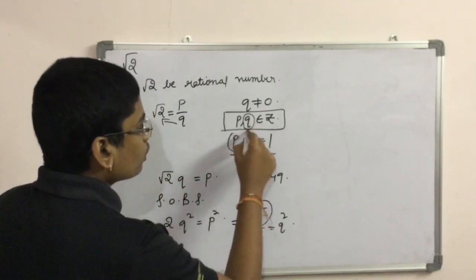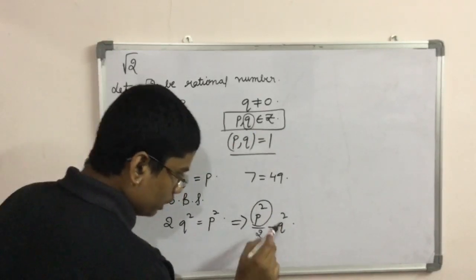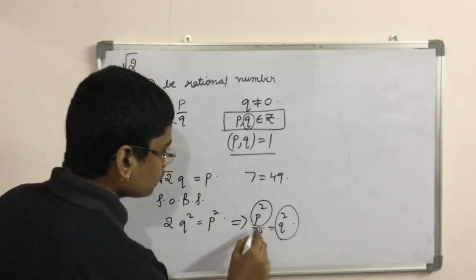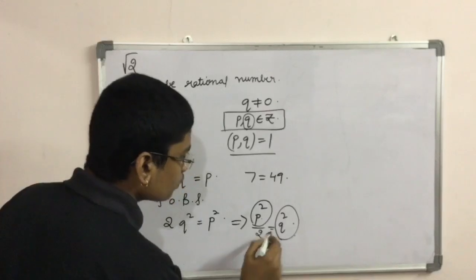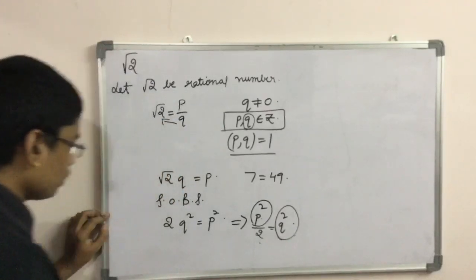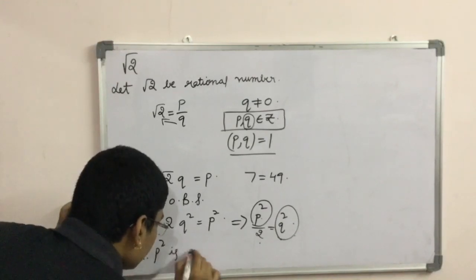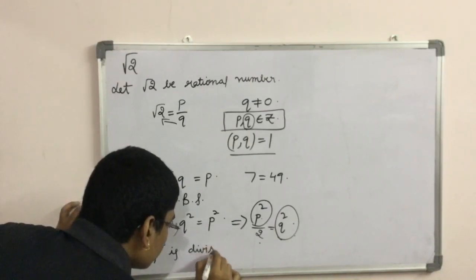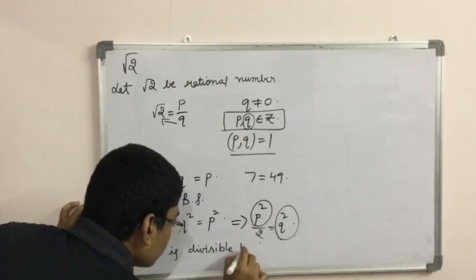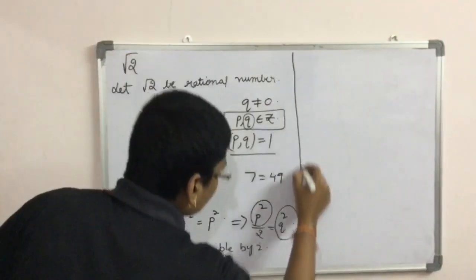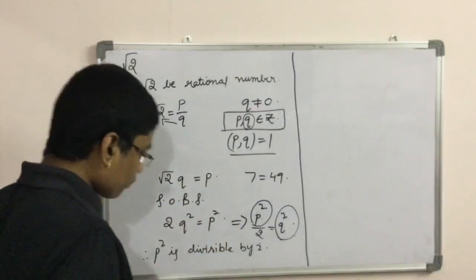We have considered that q is an integer, so q square will also be an integer. Now we have to understand that p square is exactly divisible by 2. We will write the statement here: p square is divisible by 2.